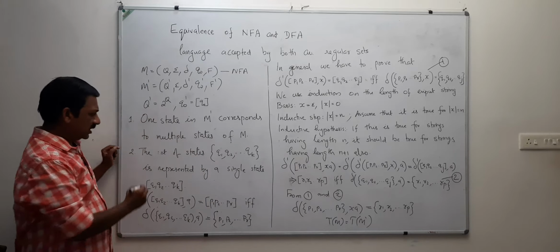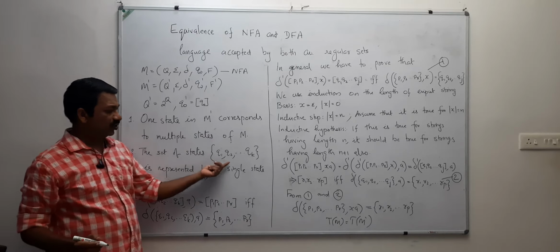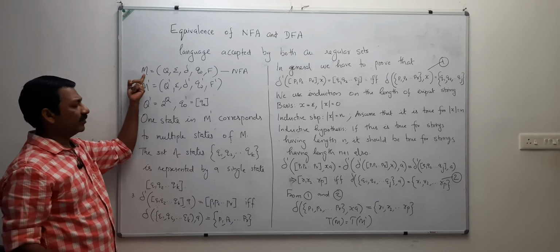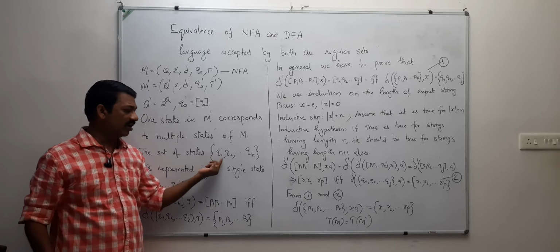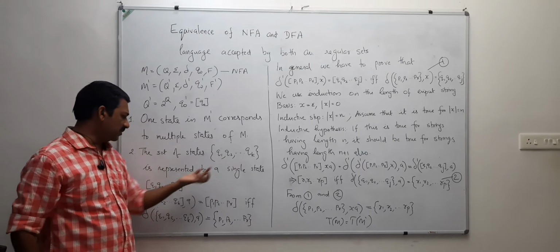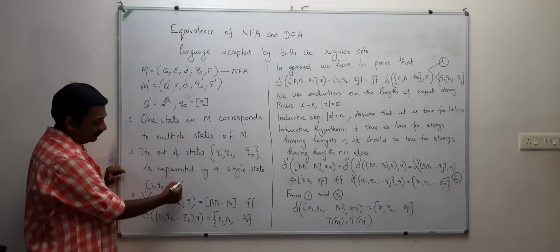Now the set of states Q1, Q2, etc. up to Qk corresponds to M. That means in the NFA, suppose that we have a number of states Q1, Q2, Q3, etc. up to Qk, represented by [Q1, Q2, etc. up to Qk] within square brackets.